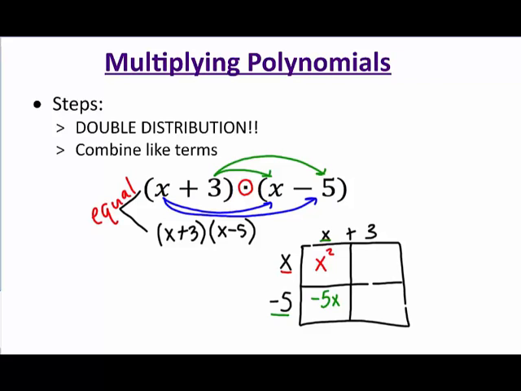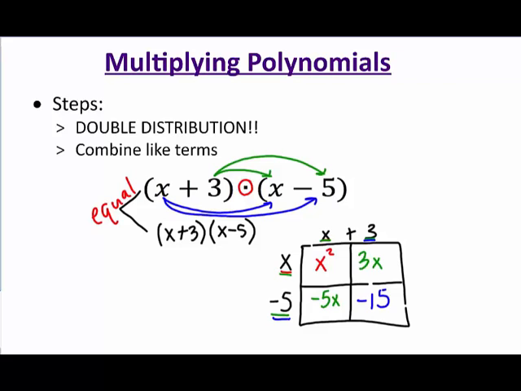Then I'm going to take this x and this 3, and I'm going to get 3x. And for the final box, I'm going to multiply the constants, so the negative 5 times the 3, and I'm going to get negative 15.